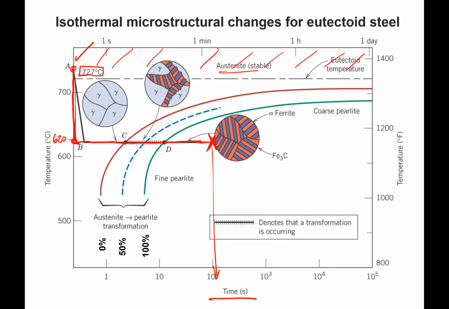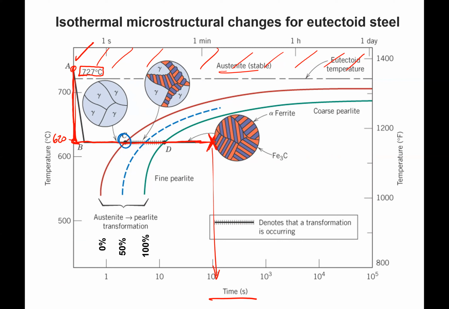And now let's see what happens. As I hold at 620, at somewhere around 2 seconds or so, it looks like, I start forming pearlite.